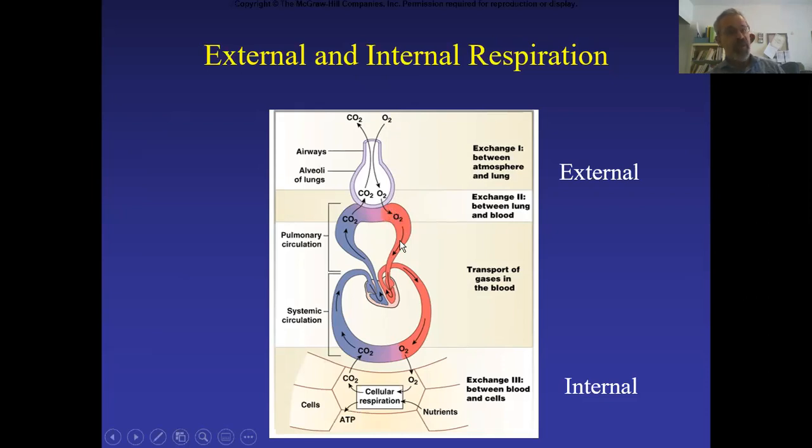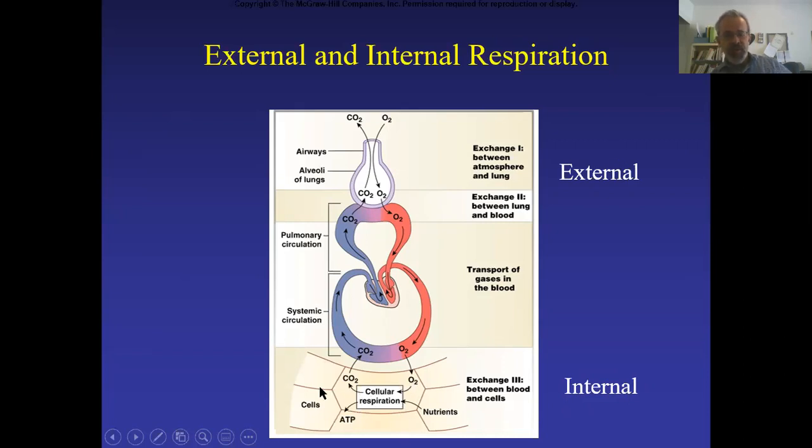This would be the pulmonary veins, which would then bring the blood back to the left atria, left ventricle, of course, then out into circulation, where it's transported and eventually dropped off at the tissues. So this down here, the drop off at the tissues, is internal respiration. Movement from the outside into the blood is external.